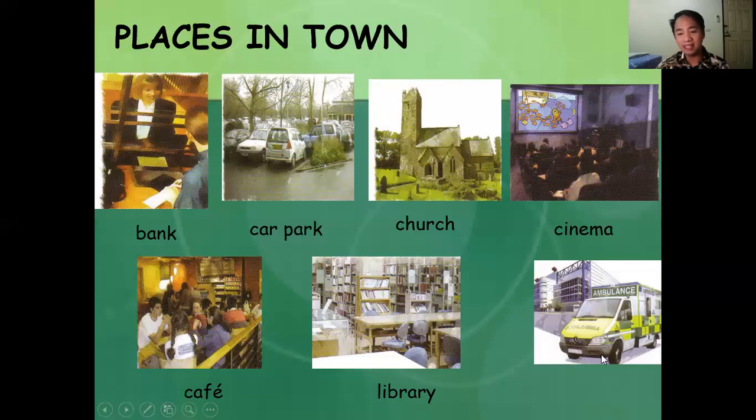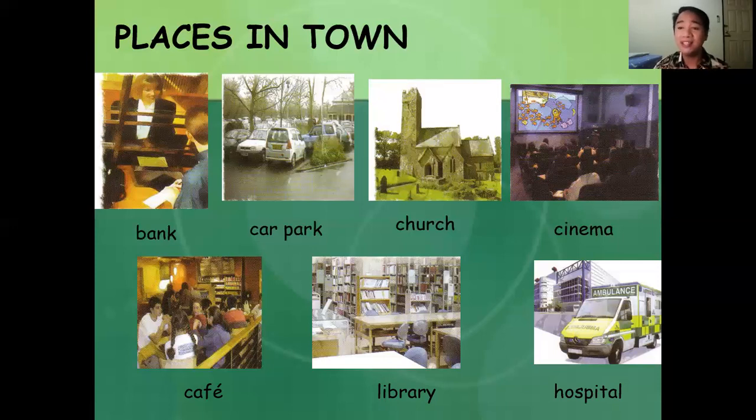Next one is this picture. What is this? Anyone who can answer? The next photo? Yes, you are right. It is a hospital. If you are sick, if you have a problem with your body, you go to see a doctor, you go to the hospital, right?